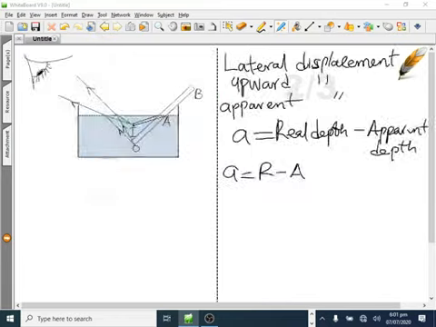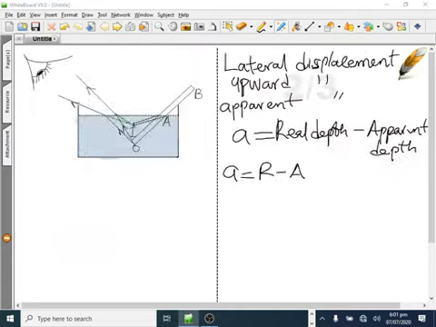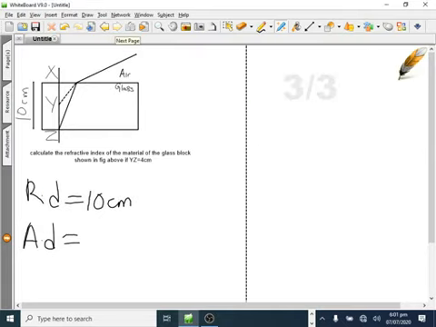Looking at the first page, I said our apparent depth is the distance between the top of the pool and the position where the object is appearing to the viewer, or to the observer. So over here, you can see that at this point Y is where the object is appearing to the viewer.